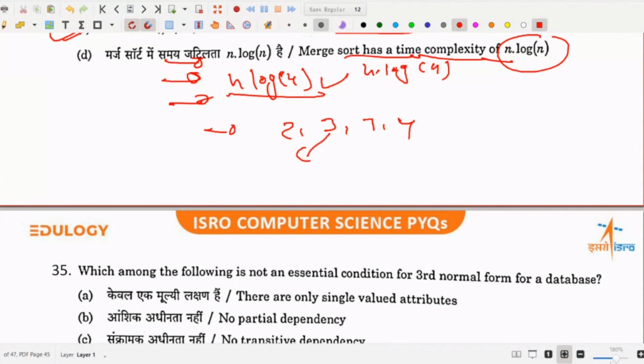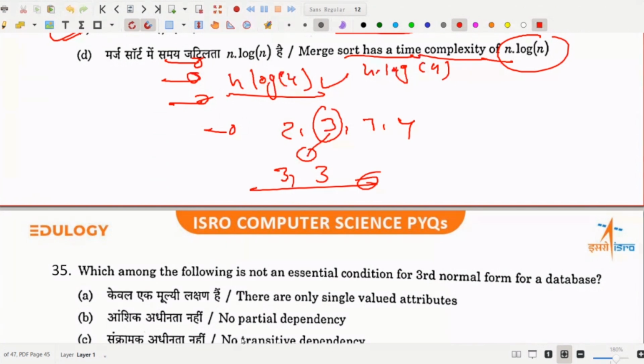If this 3 came first, we will keep this 3 in the first position, and after this the other 3 will come. This is called stable sorting, or what I can say, in place. We can say those algorithms which take logarithmic time to perform the sorting are called in place, I guess.